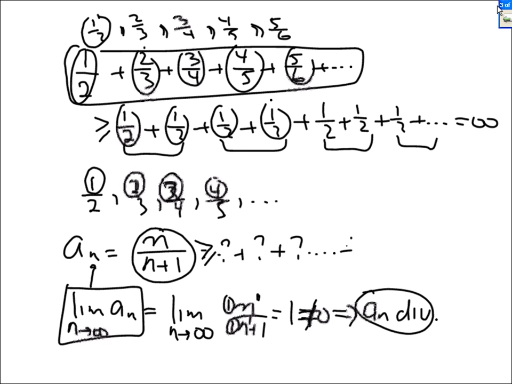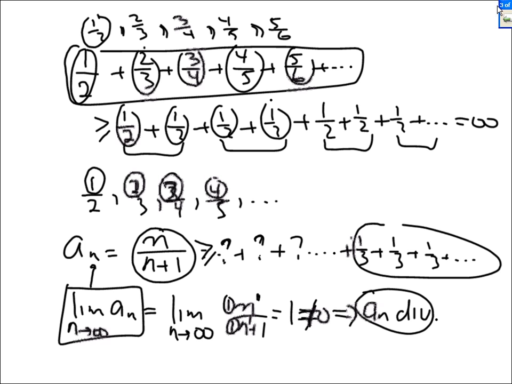But you know what? Later on, they're all going to be bigger than a third, because they're getting closer and closer to 1. And if you add a third forever, that diverges. All I do know about these unknown numbers is they're positive, because n is positive, and 1 more than n is positive.